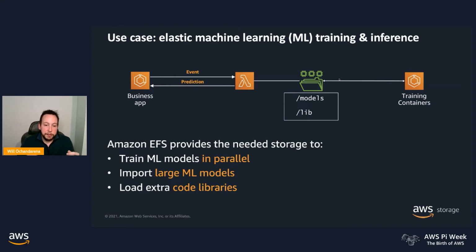And what a lot of companies are finding is that EFS provides the overflow space needed to run these ML inference applications in Lambda. So we see here that EFS can help out with both sides of those. You can first train your models in containers, and then containers put them in, and then you serve them through Lambda. And EFS kind of handles making it easier on both sides.